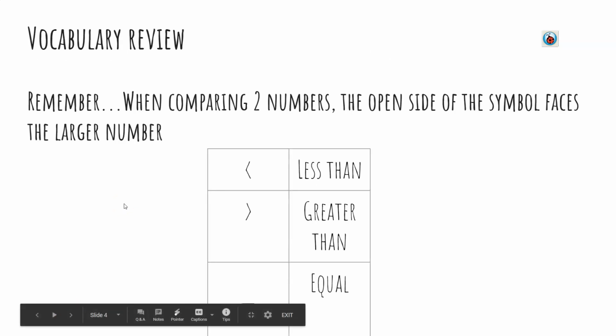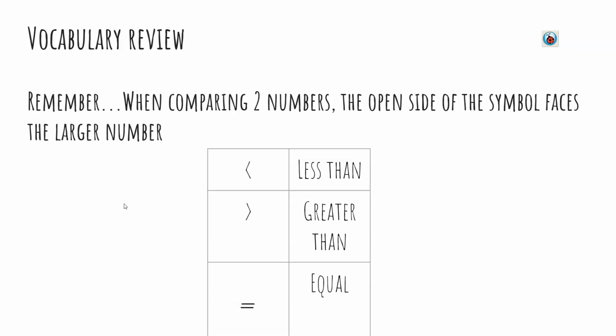Okay. Before we start today, we are going to review a little bit of some symbols that you learned way back, probably in first grade, that we use to compare numbers. So we have 2 different symbols that we need to really be sure we're using correctly in 4th grade, okay? So the one on top of the chart that is open to the right, that is the less than sign. Now, I had a teacher way back, maybe when I was in 1st or 2nd grade, that taught me that the less than sign is the same direction as the letter L, which stands for less.